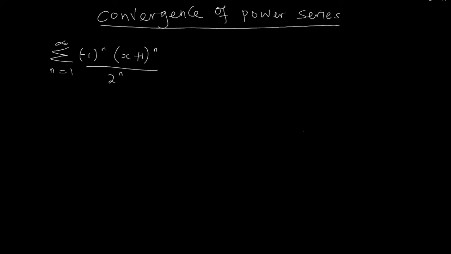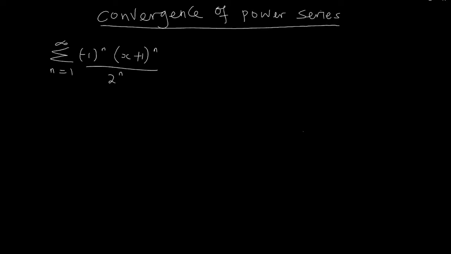In today's video we are going to look at the convergence of power series. Here we are given one of the questions: the summation from n equals 1 to infinity of negative 1 raised to the power of n, multiplied by x plus 1 raised to the power of n, divided by 2 raised to the power of n.